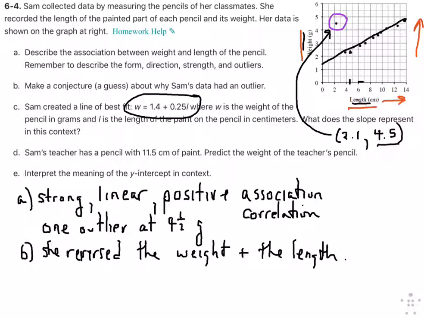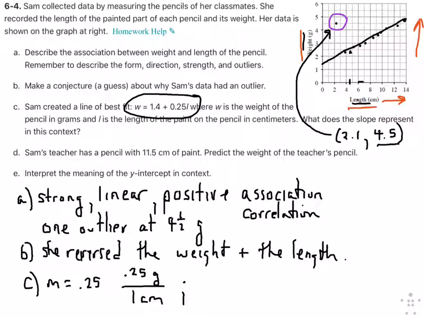If we look at the slope here, she wrote it as y equals b plus mx, kind of interesting. The slope is 0.25, so that means 0.25 grams over 1 centimeter. I would say that the slope represents that the weight of the pencil changes 0.25 grams for every centimeter that the length changes.